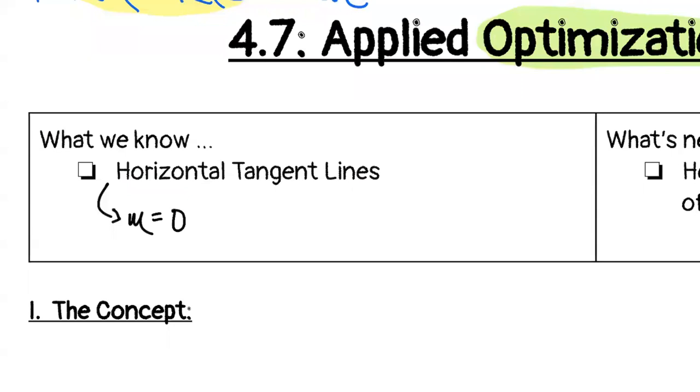Now, if I wanted to draw a curve that had a horizontal tangent line, what might that look like? If you've used the annotation feature, this is a great time to throw a diagram on here. What does a curve that has a horizontal tangent line look like?